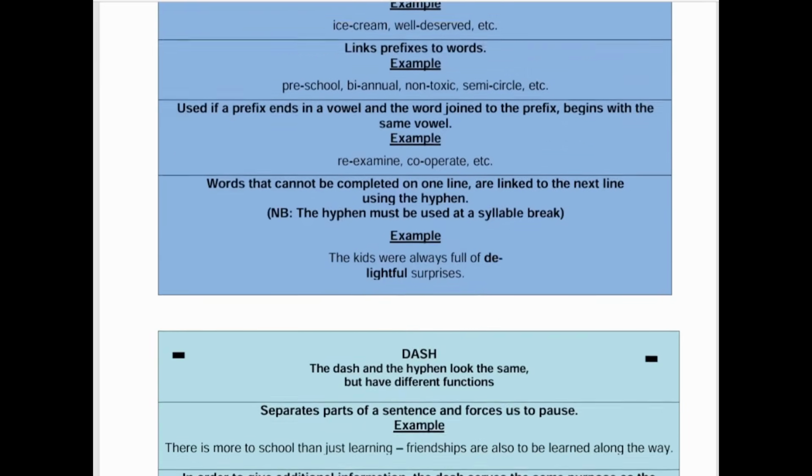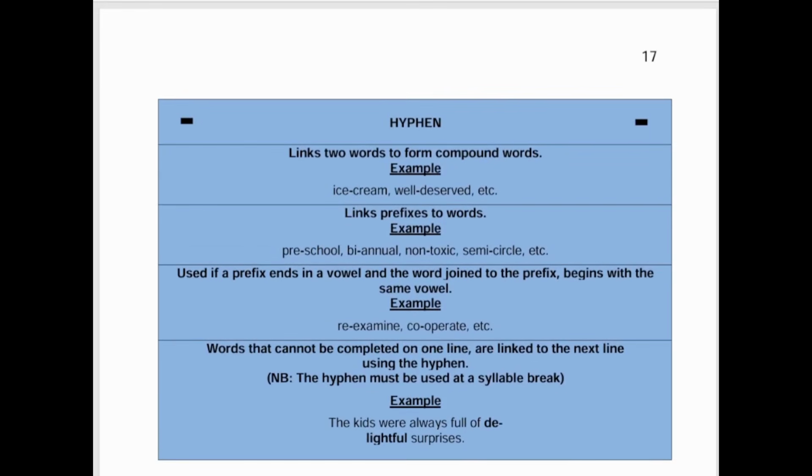Then another punctuation mark is the hyphen. A hyphen links two words to form compound words. If you find there is a compound word, maybe a compound noun, in between that compound noun you must place a hyphen.